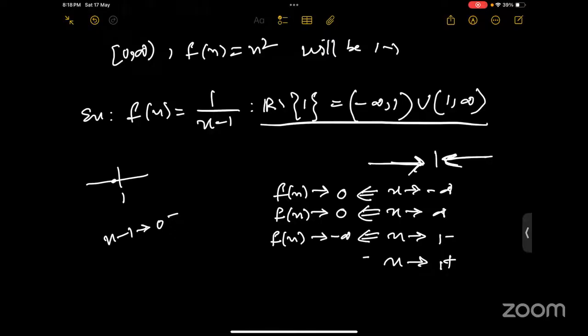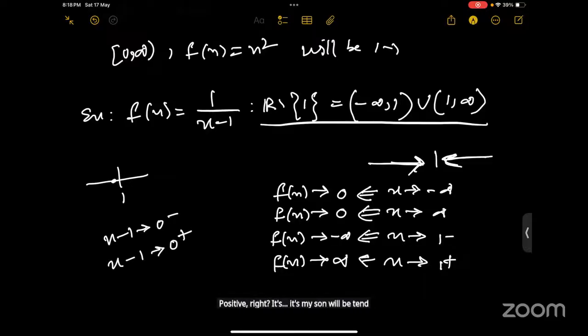Similarly, for x tending to 1 from the positive side, x - 1 will be tending to 0 from the positive side, so this will be positive infinity.